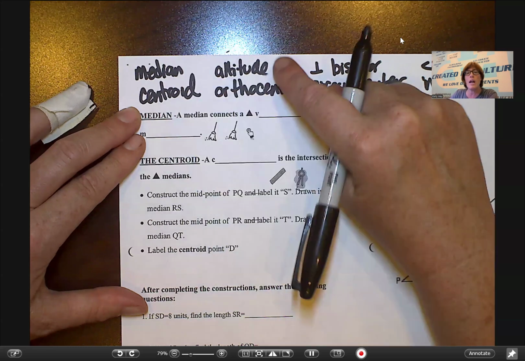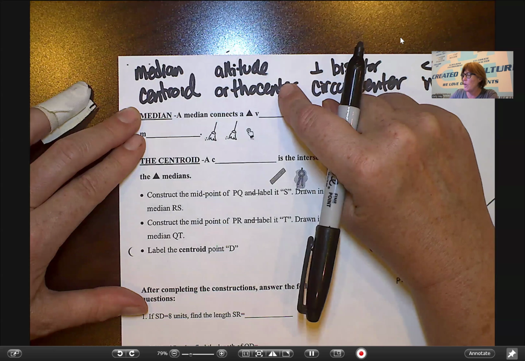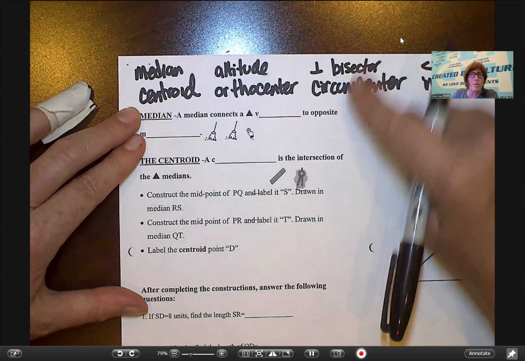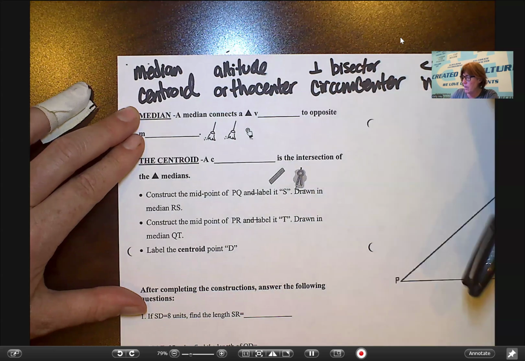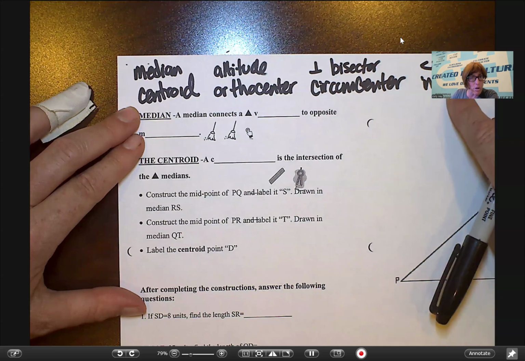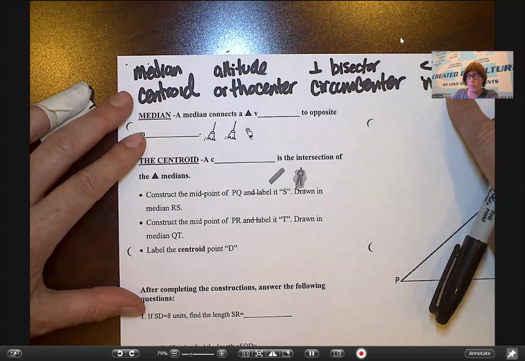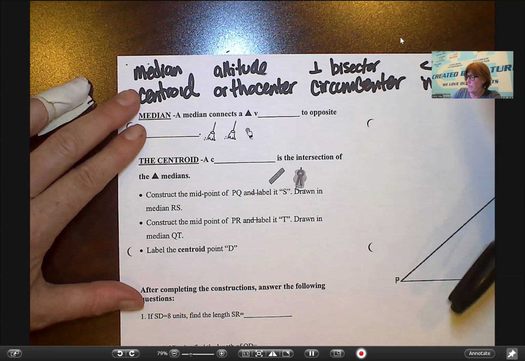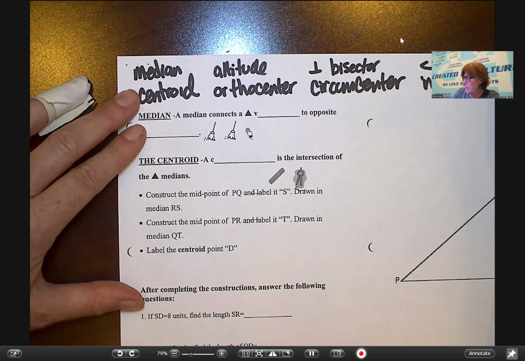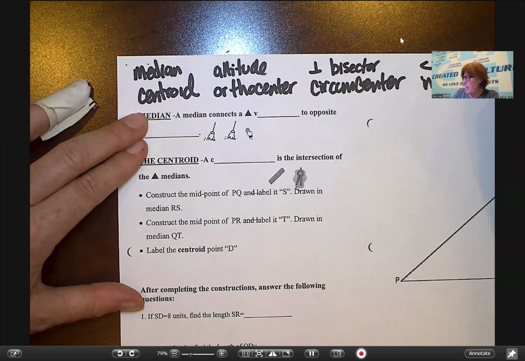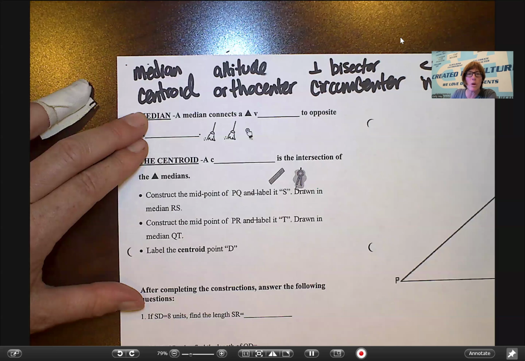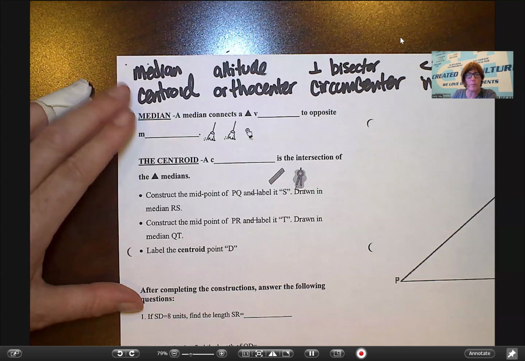The intersection of the altitudes is the orthocenter. The intersection of the perpendicular bisectors is the circumcenter. And the intersection of the angle bisectors is the incenter. I remember this by saying MAPA and SOSI. MAPA and SOSI match together.